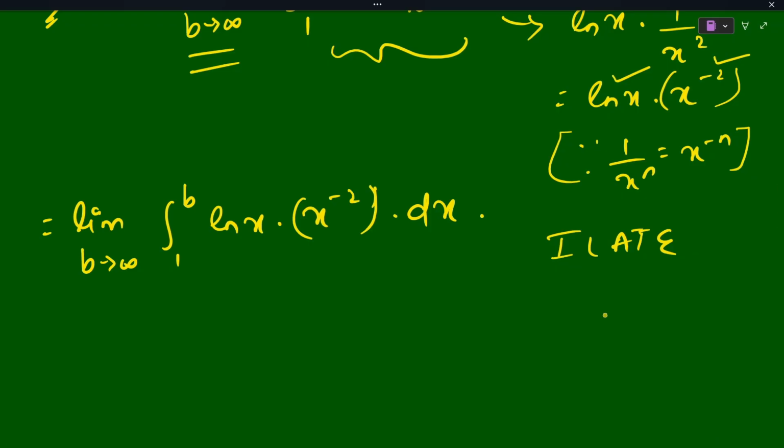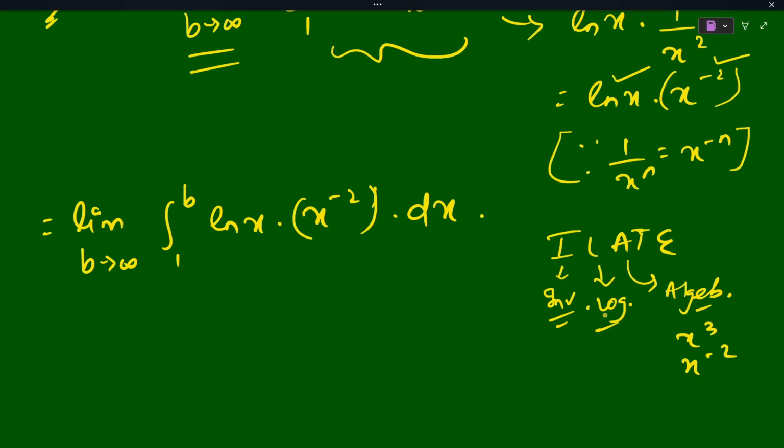In this we have to first define which function is the first function. As there are two functions, we have to first see which will be the first function. So what is this ILATE here? I stands for the inverse functions, then L stands for the logarithmic functions, then A stands for the algebraic functions. Algebraic means suppose x cube, x to the power minus 2.